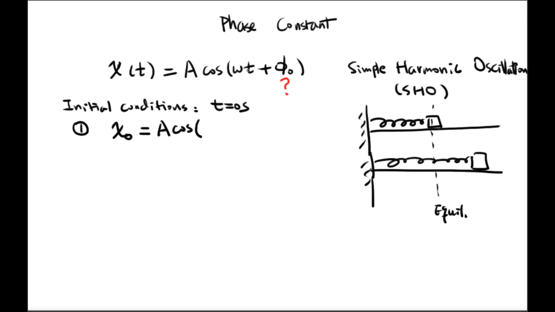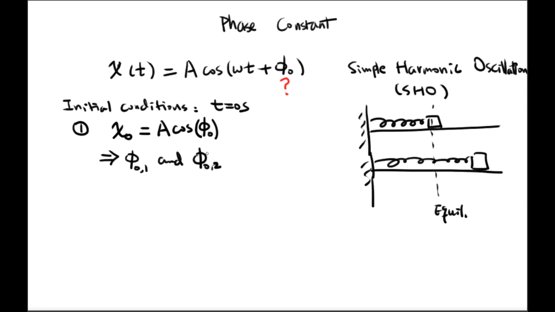So we plug in t equals 0 seconds, get rid of this omega t, so we only have phi naught here. That's one equation that we need to use to solve for phi naught. And usually this equation will give you two solutions, let's call them phi naught 1 and phi naught 2.